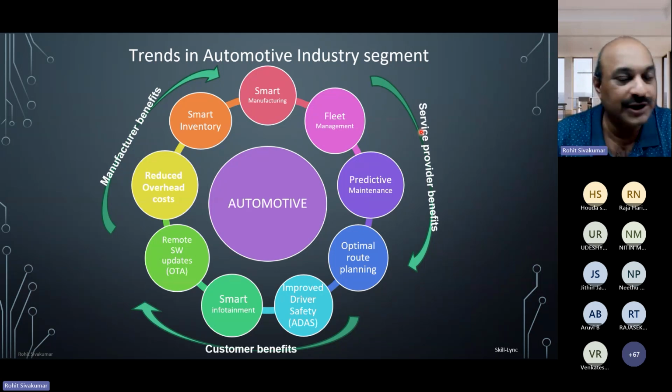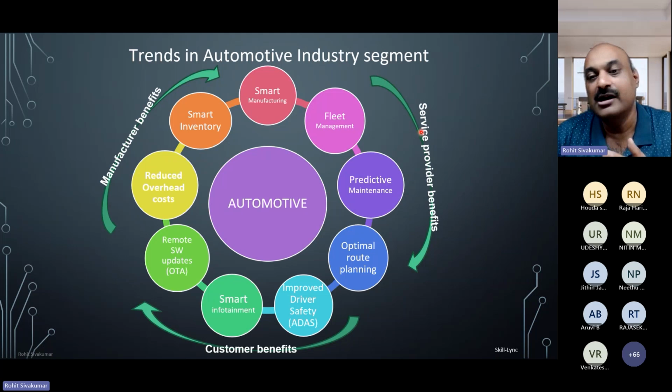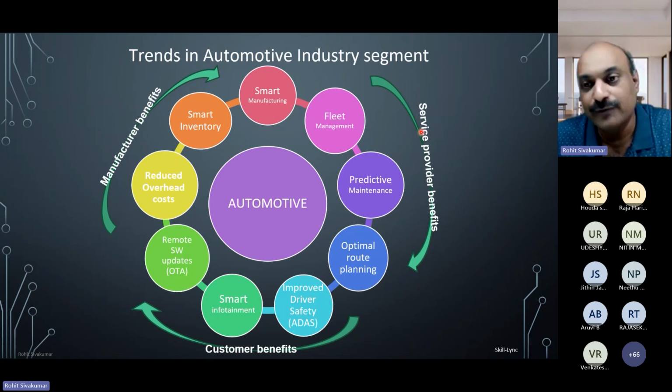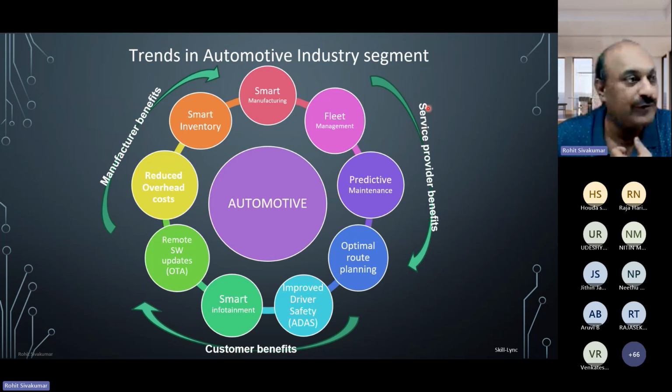If there are any issues with the vehicle, or any driver behaviors causing losses to the company, such as fast driving or accelerating the vehicle and braking too much. Those sort of fleet management parameters are being automated and put into the system to make some meaningful information out of it. And that's one of the services that I'm trying to target in the service provider benefits from IoT.